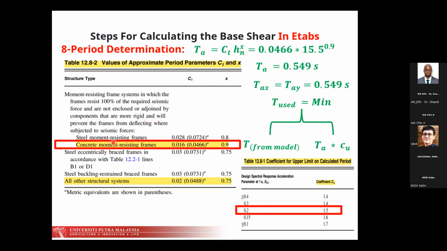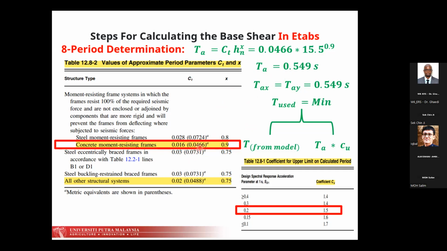We said that we have a concrete moment resisting frame system. Actually, this value is for feet and this is for meters. But in ETABS, even if you work in meters, you should provide it in feet. So remember this 0.016 because we will use it in the ETABS model. But here in the manual calculation, we will use, of course, the meters value.